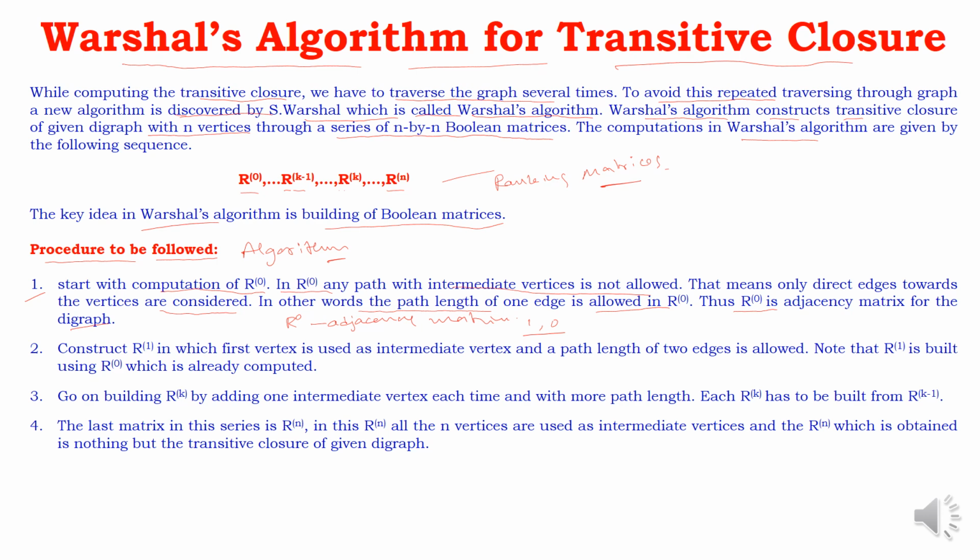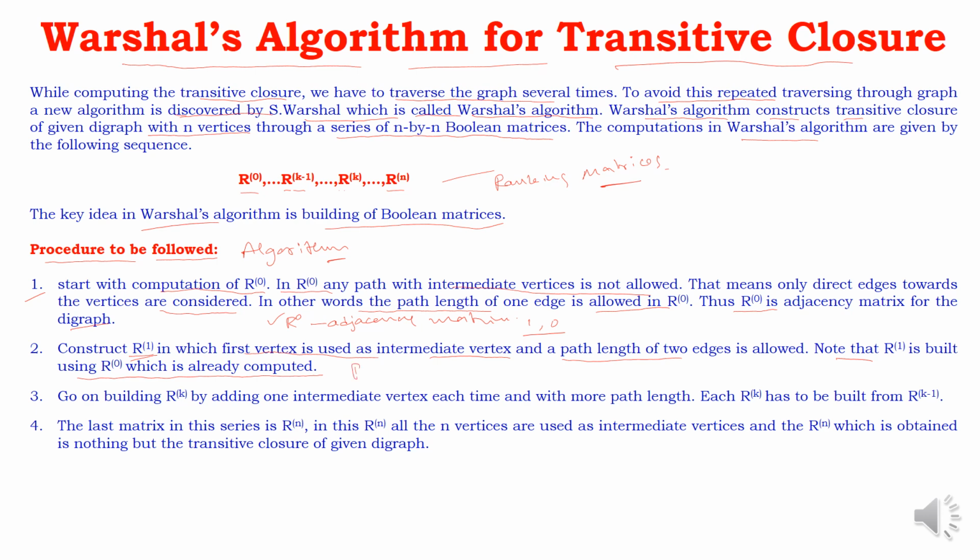Then step 2: construct R1, ranking matrix 1, in which the first vertex is used as an intermediate vertex and a path length of two edges is allowed. Note that R1 is built using R0, which is already computed. We have already computed R0, the adjacency matrix, where there are no intermediate vertices.